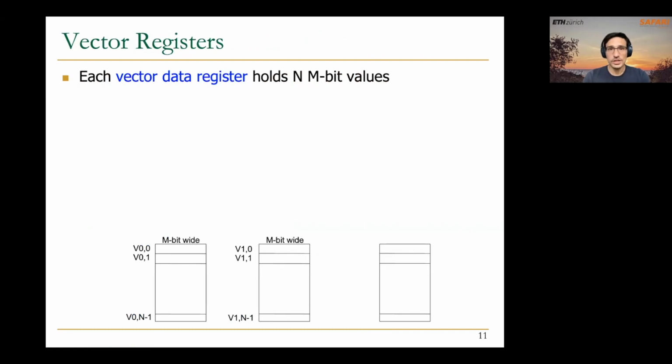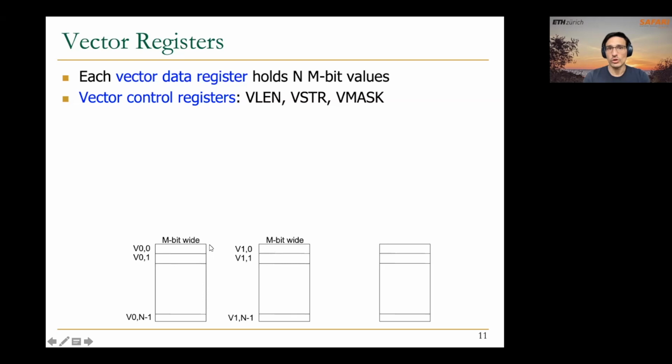Regarding the vector registers, we are going to assume that each vector data register can hold n elements. So here you have at the bottom of the slides some simplified representations of vector registers. So this could be vector 0, and vector 0, as you observe, can contain n elements, and each of these elements has m bytes.